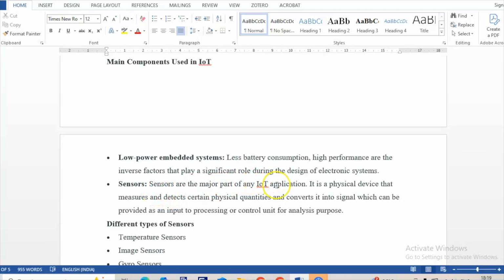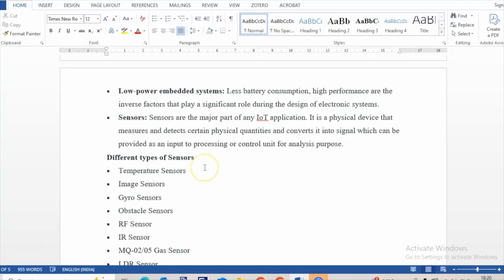Sensors are a major part in any IoT application. A sensor is a physical device that measures and detects certain physical quantities and converts them into a signal which can be provided as an input to a processing or control unit for analyzing purposes. So the main components in IoT include low power embedded systems and sensors.